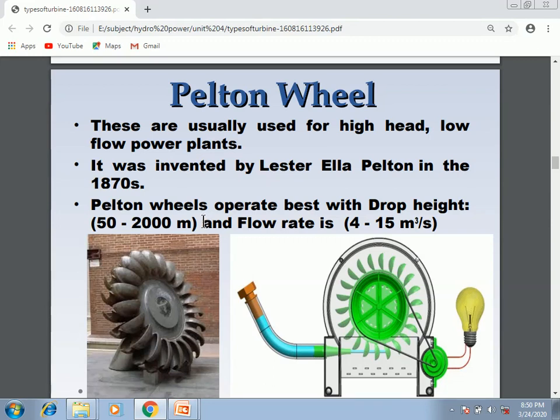Pelton will operate best with 50 to 2000 meter head and flow rate of 4 to 15 meter cube per second. So here you can see the nozzle hits the buckets and the bucket is going to rotate and produce electricity. This is the actual diagram of buckets.